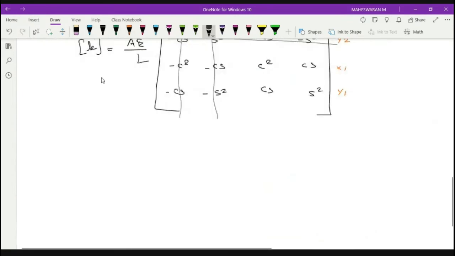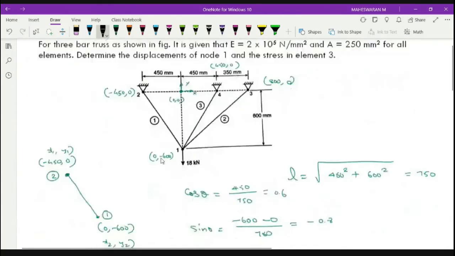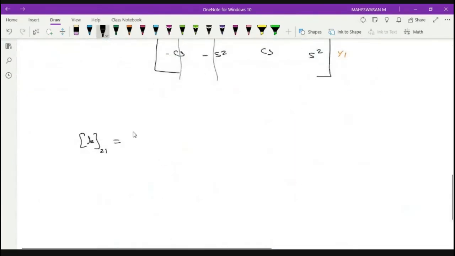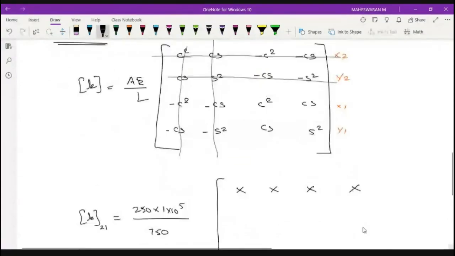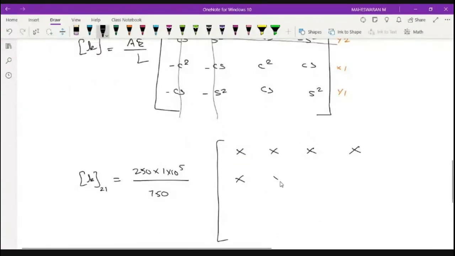When I'm writing it, to avoid confusion, the stiffness of element 1 is equal to AE by L. What is my A? A is known, which is 250. So 250 into 1 into 10 power 5 divided by L. The length of this is 750. The x marks indicate the terms I'm eliminating.